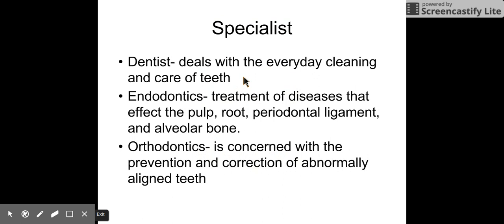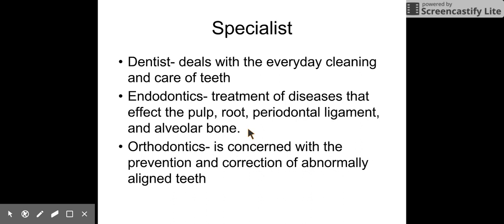Now, specialists. Everybody knows about what a dentist does: their everyday cleaning and care of the teeth. Generally, that means filling cavities, anything like that, taking care of gingivitis. Endodontists deal with anything that could be involved with the bone underneath the tooth.